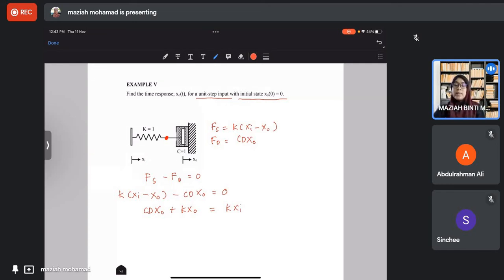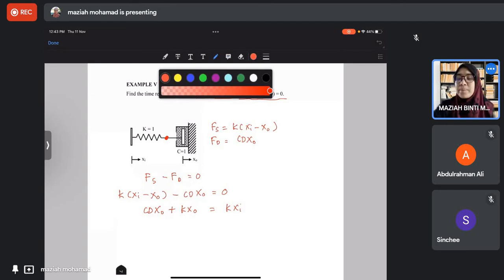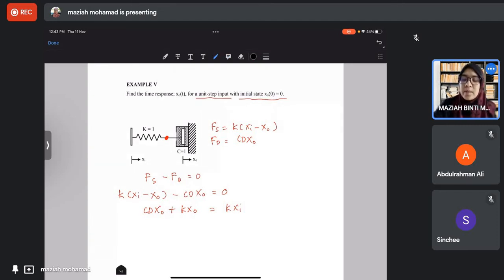This is the ODE form, the ODE for this system. Now we do the second step, which is the Laplace transform. This is the first step, ODE.